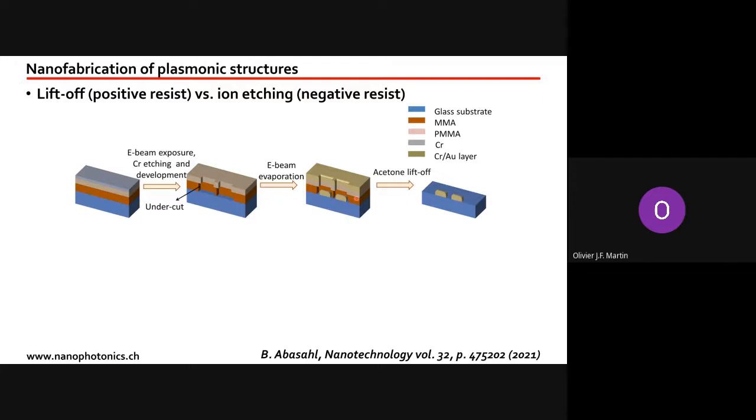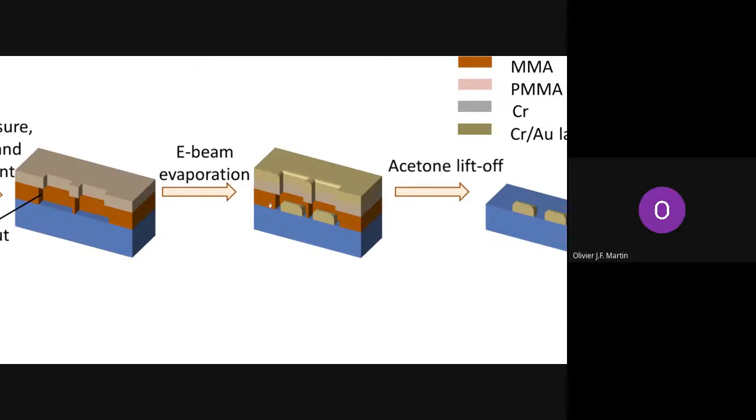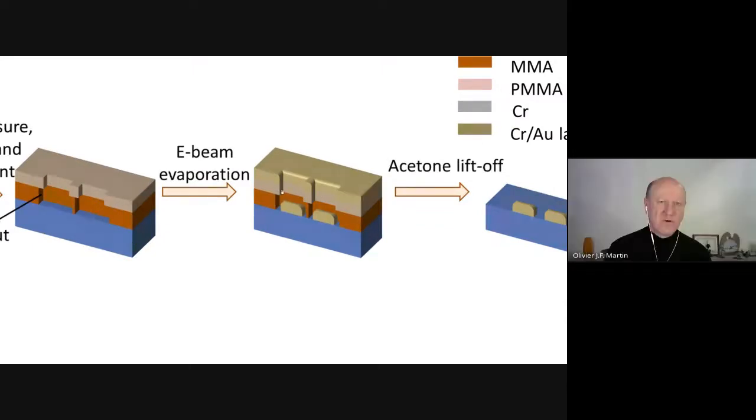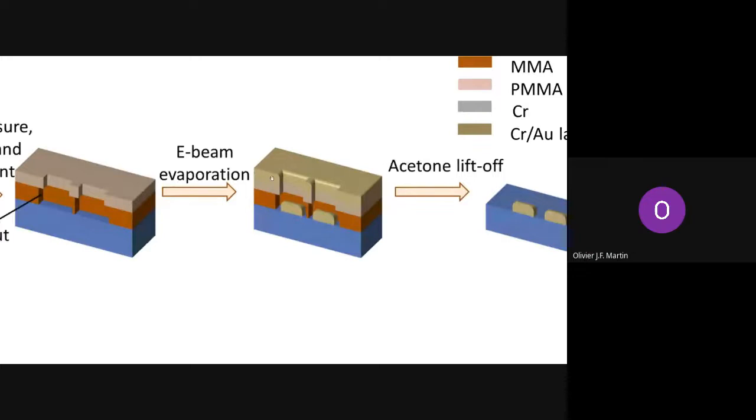I am showing here the utilization of 2 layers of photoresist. This is important because if I magnify here, you see an overhang in that region. This overhang is necessary such that when we deposit the metal, we have a non-continuous film between the top layer and the bottom layer.